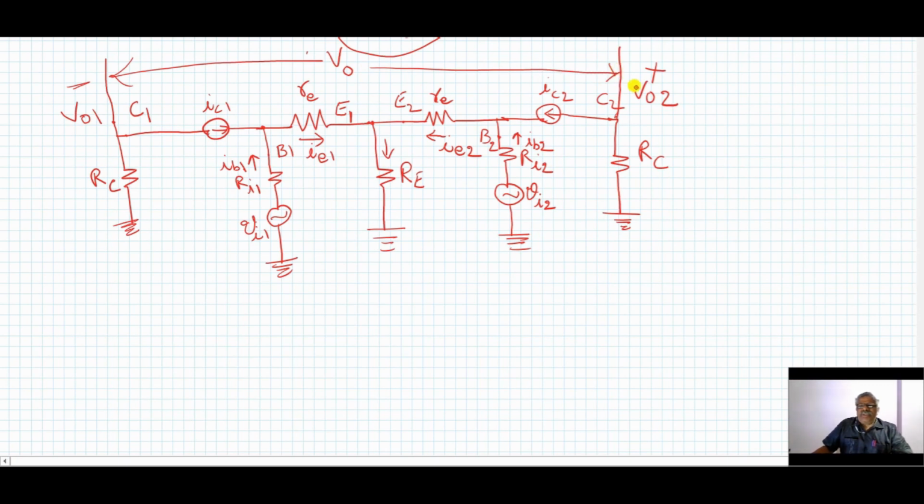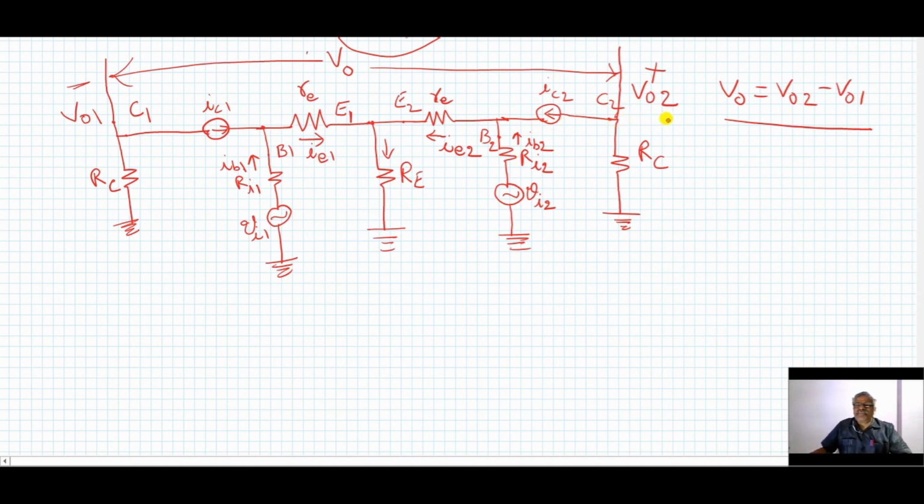The voltage between collector 2 and collector 1 is V0. So we can write a simple equation here as V0 is equal to V02 minus V01. Is it clear?